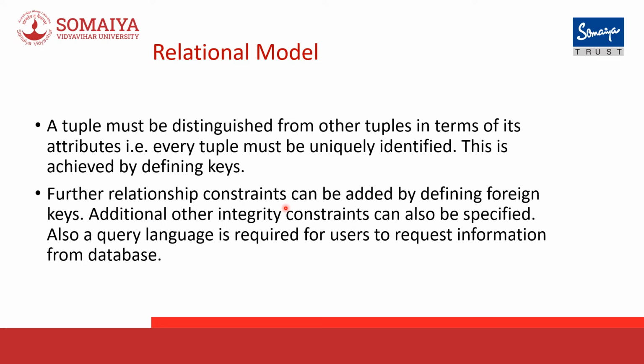Further relationship constraints can be added by defining foreign keys. Additional integrity constraints can also be specified. There are different types of keys and integrity constraints that we can add. Also, a query language is required for users to request information from a database.